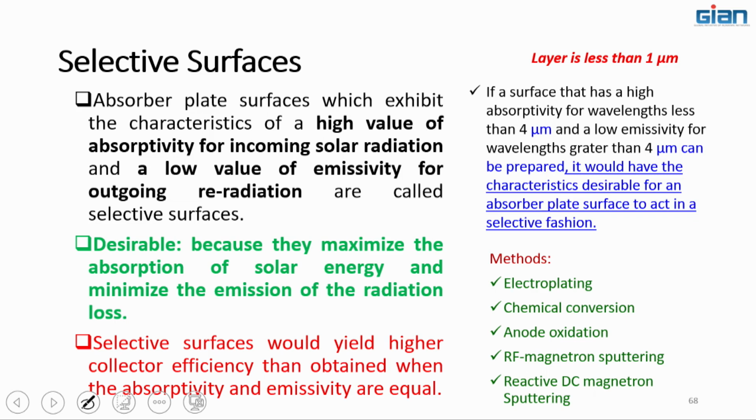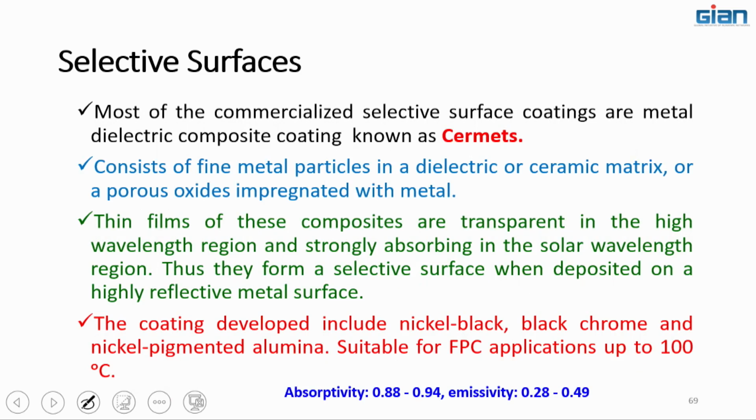But this is very, very thin, about 1 micron in thickness. One of the commercially available selective coatings is Cermet, and it consists of fine metal particles in a dielectric or ceramic matrix or a porous oxide impregnated with metals.